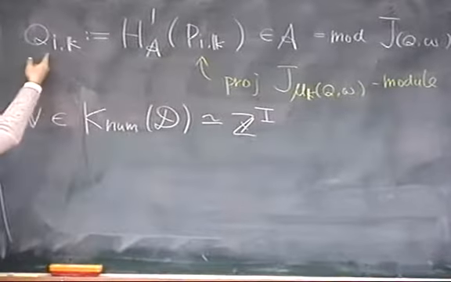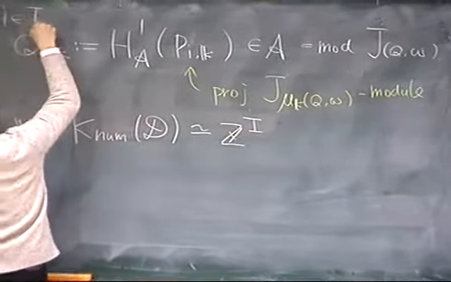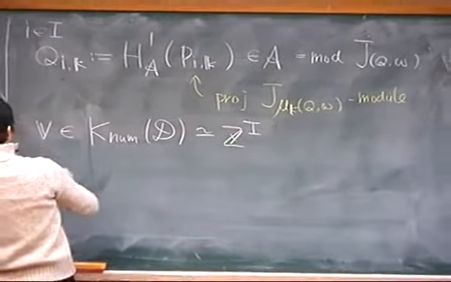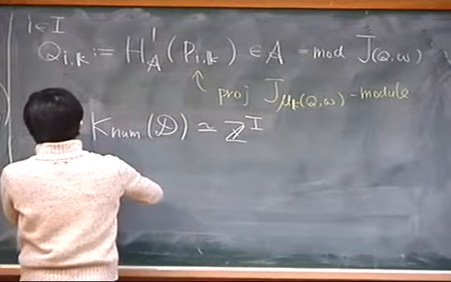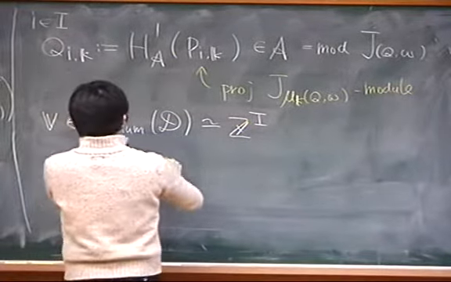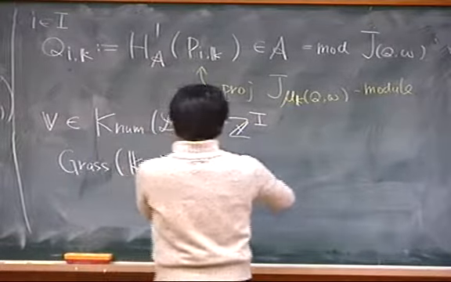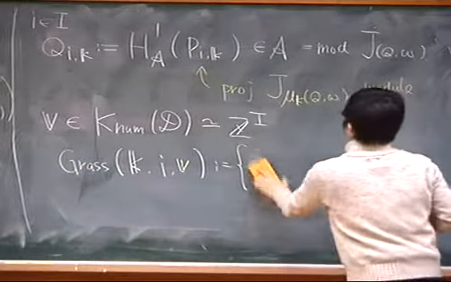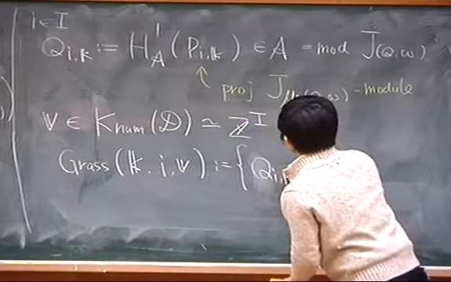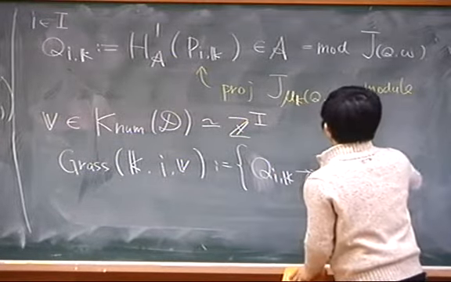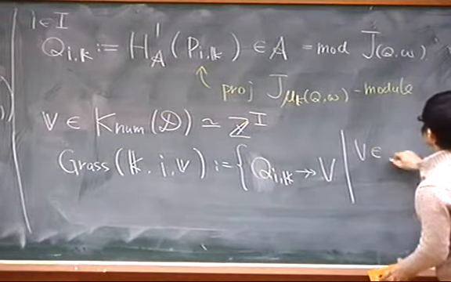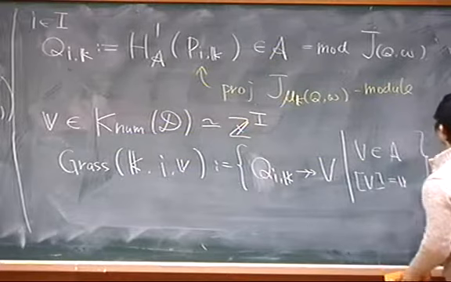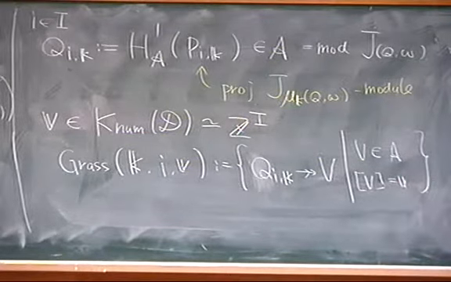And for a vertex I, and for a numerical data B, let Grass K I V be the moduli space which parameterizes surjections from Q I K to B, where B is in A and the numerical class of V is given by small v.